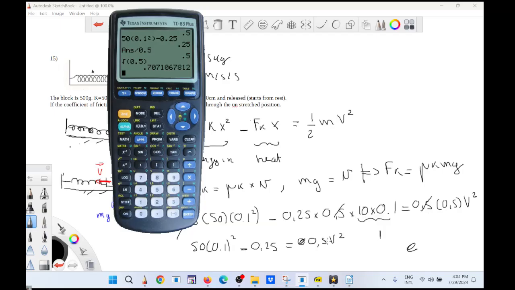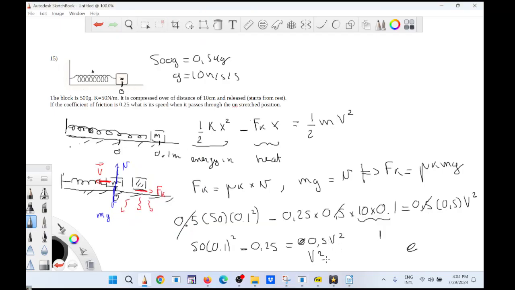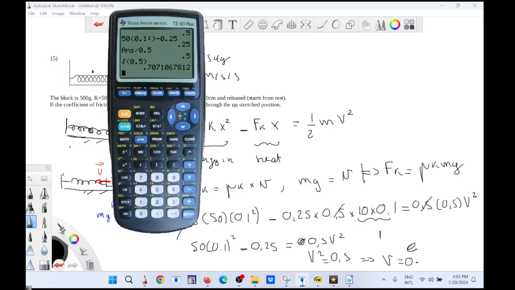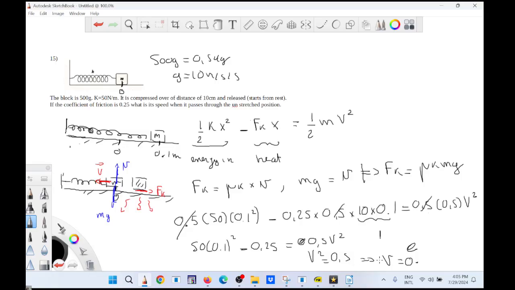Which is 0.7. So v squared equals 0.5, so v equals 0.7 something. 0.7.